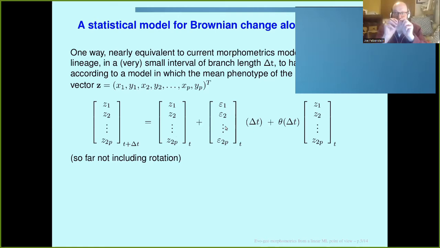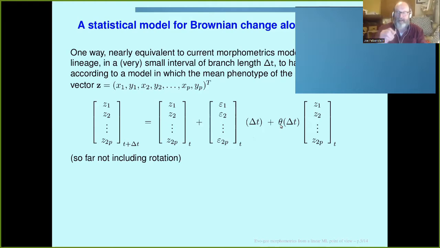So we're imagining a small move as a form evolves up a lineage, and we're asking about the change in a small amount of branch length delta t, and we're going to, for the moment, not say that that's Brownian motion. It's something like Brownian motion. And we're also going to be separating size and shape. Remember that we kept size in our analysis. So we can say, well, here are the changes in shape. And over here is a term for size.